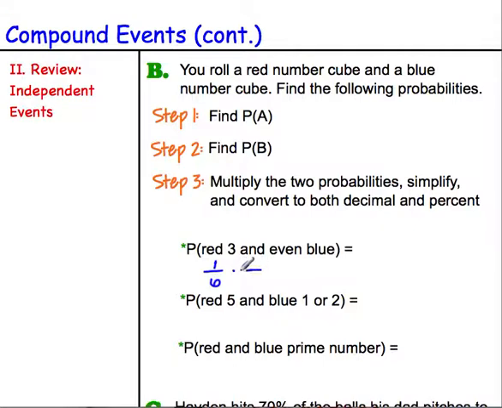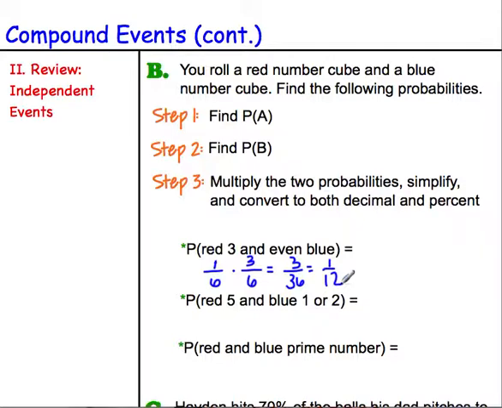So on the blue dice, probability of rolling an even number is 3 out of 6, or 1/2. So if I think about this, multiply them across, 3 out of 36, which I divide by 3 to simplify, I get 1 out of 12. So I'm going to let you go ahead and calculate the percent and the decimal, which you know how to do.